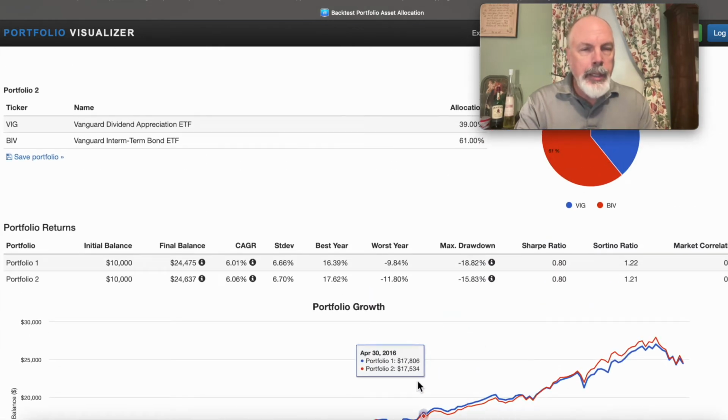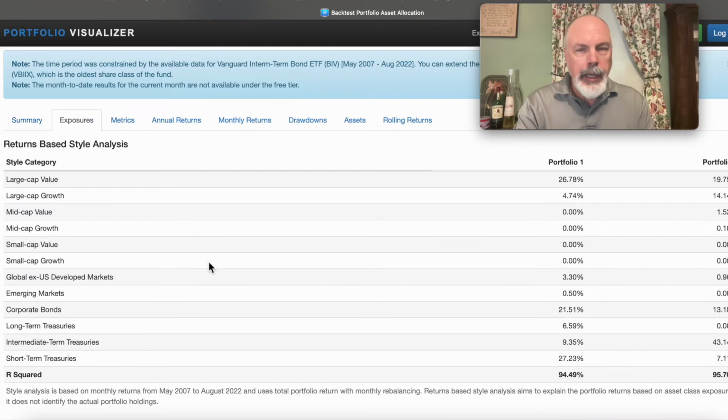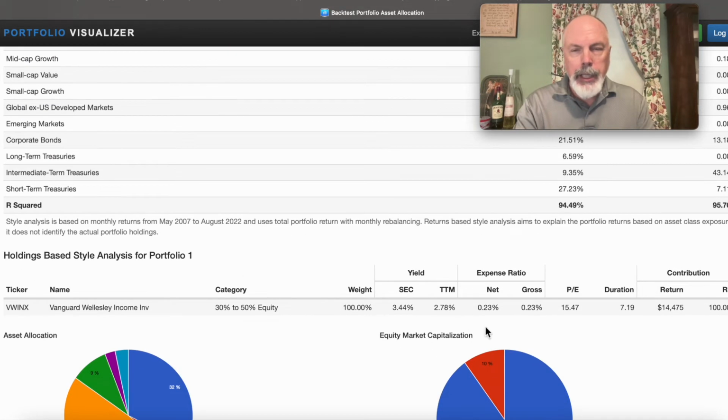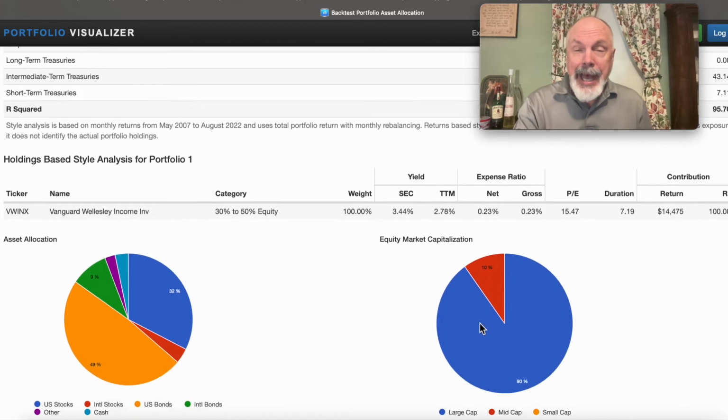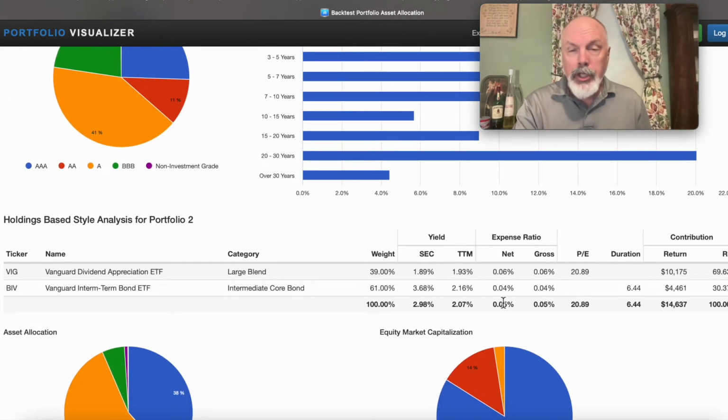The more important thing is to look at the exposures. And in exposures, you see the net expense ratio is 0.23. I think in my earlier video it was 0.22, so it went up. And that now compares to a net expense ratio of 0.05 for the 2 ETFs together.